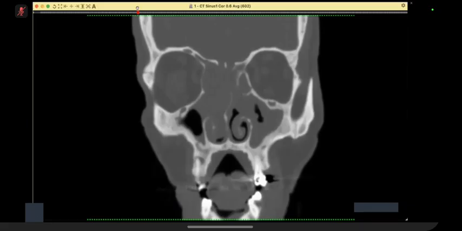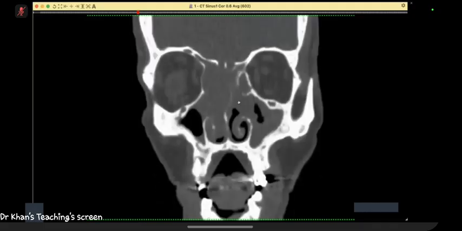You can see that there is a lot of erosions and destruction involving the paranasal, the ethmoidal trabeculae, as well as sphenoid sinus and clivus, with widening of OMU, and there is soft tissue opacification noted within the maxillary sinus, sphenoid sinus, and the bilateral nasal cavity. I think there is a soft tissue which is causing all these findings. In my routine practice, I would also look at a soft tissue window to see the extent of the soft tissue.